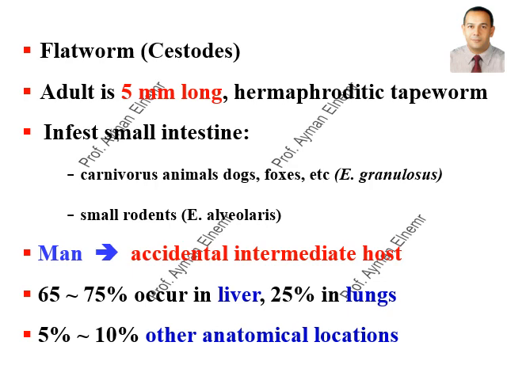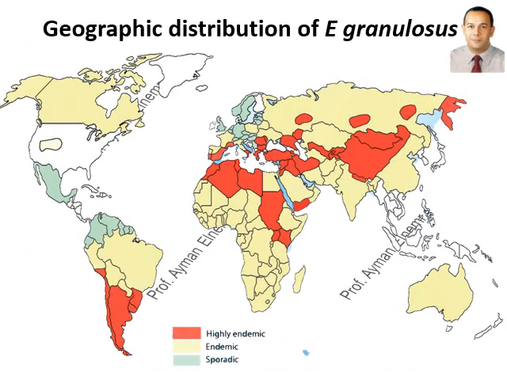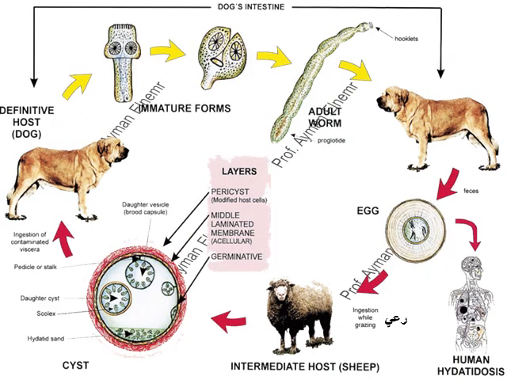About 65 to 75% of the hydatid cysts occur in the liver and 25% in the lungs. About 5 to 10% affect other anatomical locations. The disease is common in cattle or sheep breeding countries. In the Middle East, it is common in Algeria, Libya, Sudan, Ethiopia, Yemen, Iraq, Iran, and Turkey.